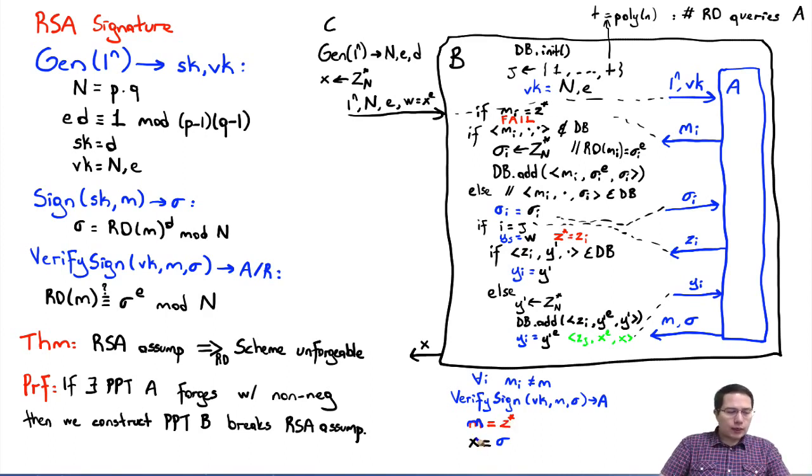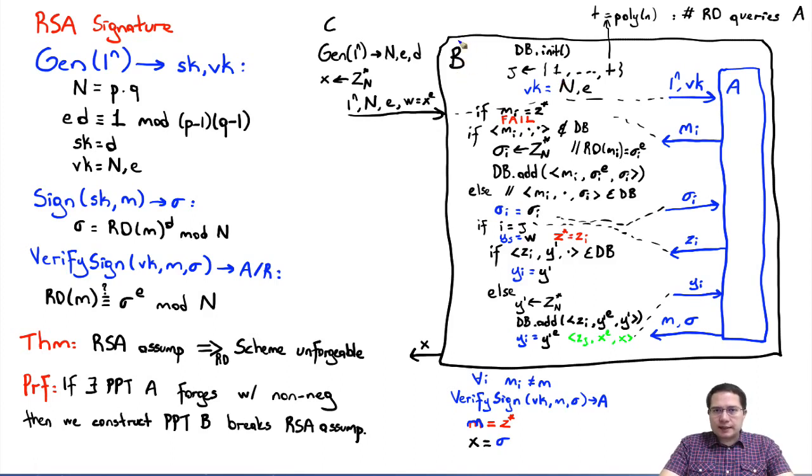Now we need to think about multiple issues here. First of all, is our adversary B a polynomial time adversary? Yes. Why? There are polynomially many queries here. For each query, we do a polynomial number of steps. So all these operations can be done in polynomial time. No problem there.